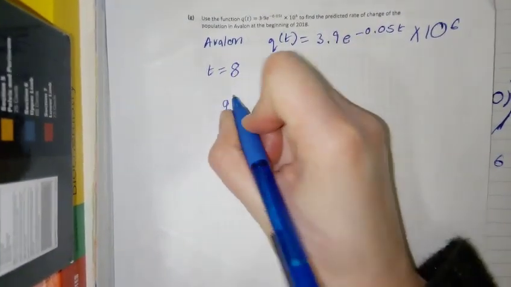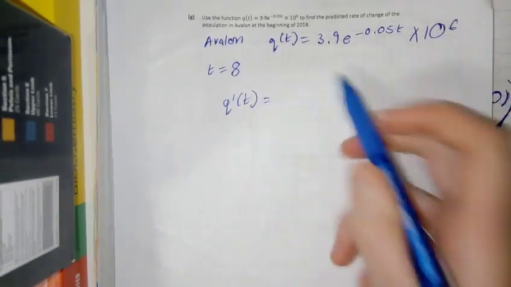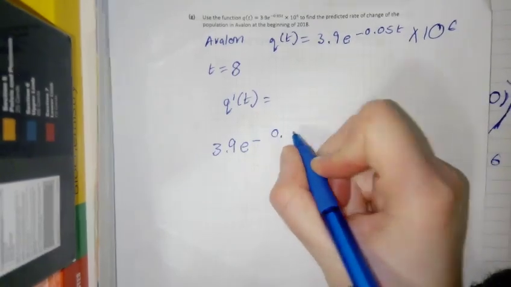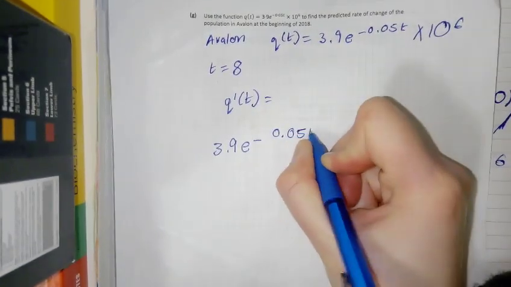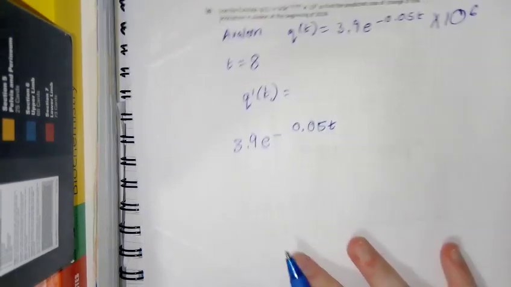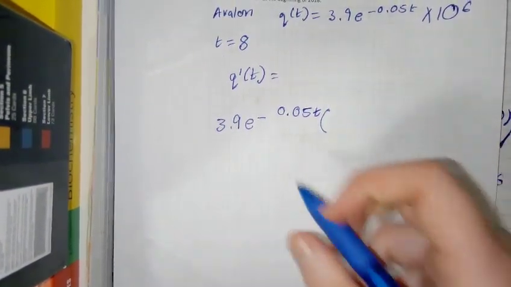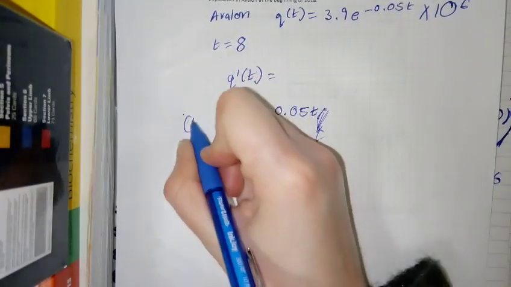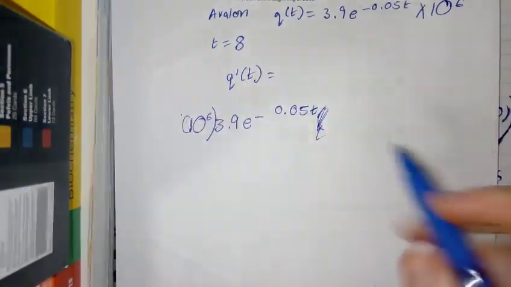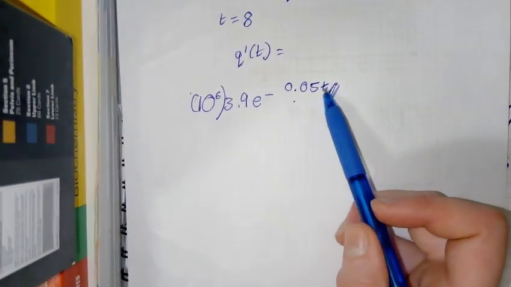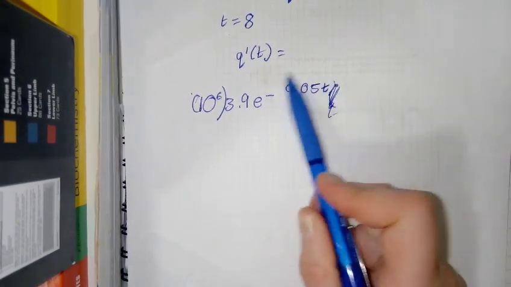If we want to differentiate this, say we do this part first, 3.9 e to the 0.05t, this is all being multiplied together, by 10 to the power of 6. That's our expression. The only part that has t that we have to differentiate is this part here.